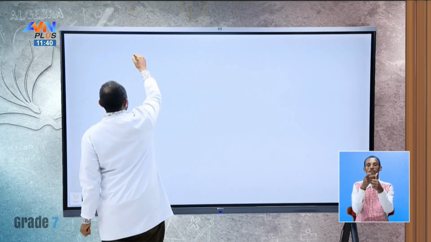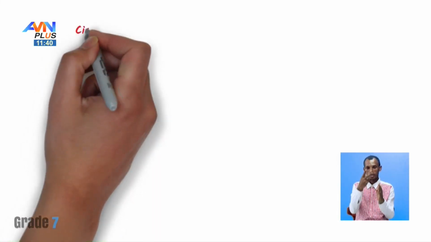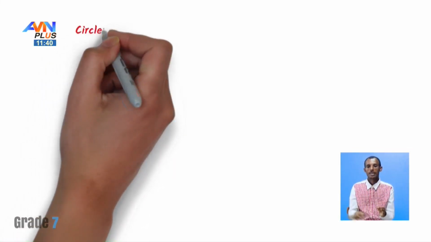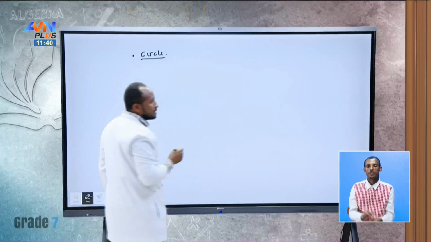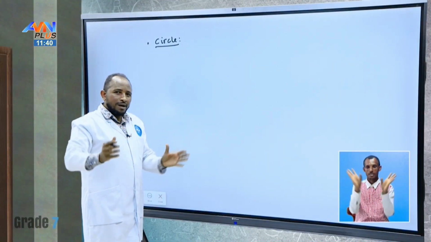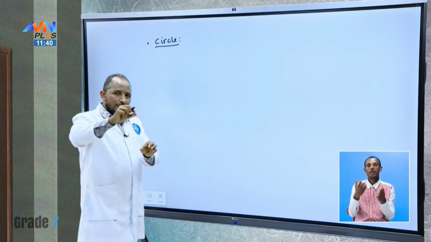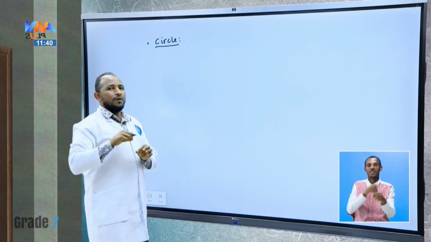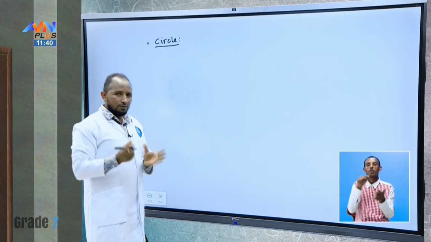First, let's see the definition of a circle. Circle is a set of points in a plane that are at equal distance from a fixed point called center of a circle.